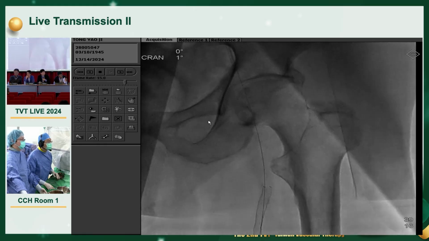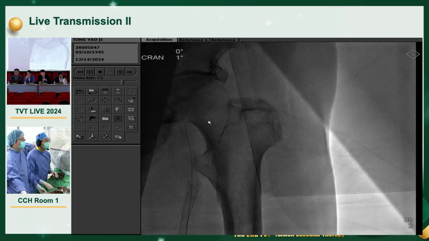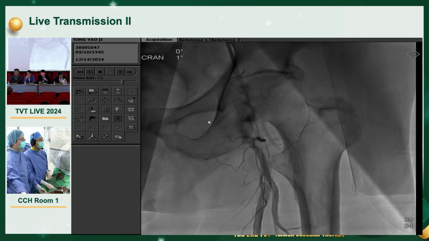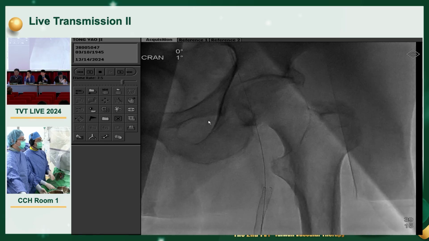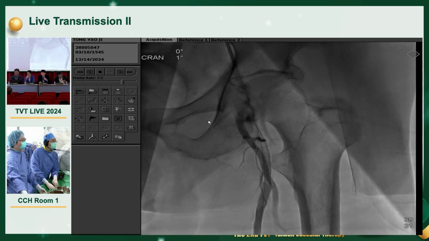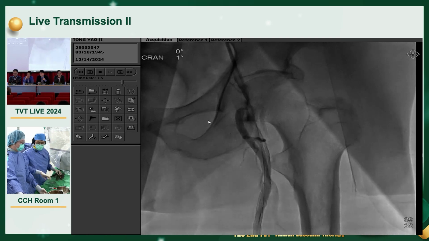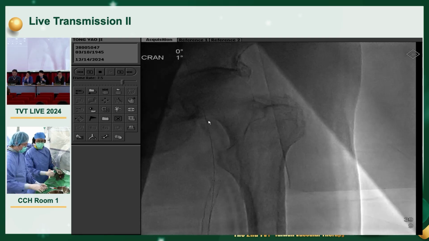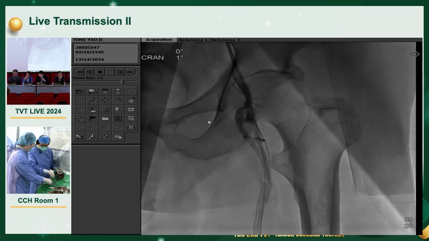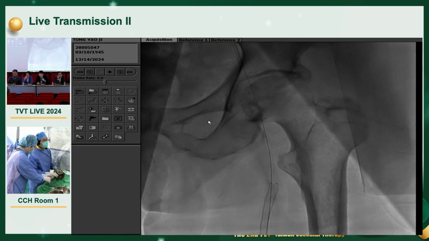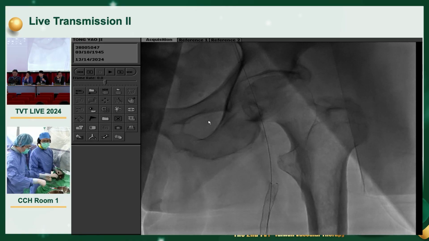Do you want to cross over? Yes. Or wire protection. Should we? Twist it. Okay, we'll go another wire to profunda.